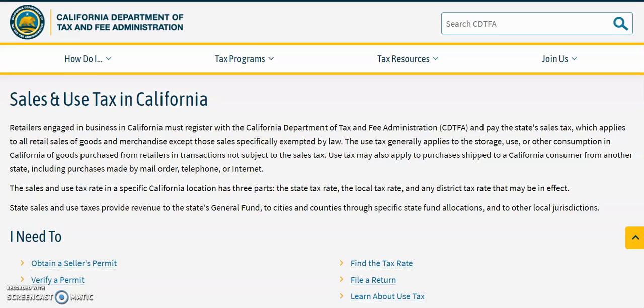So the sales and use tax rate in specific California locations has three parts. We have the state tax rate, the local tax rate, and any district tax rate that may be in effect.